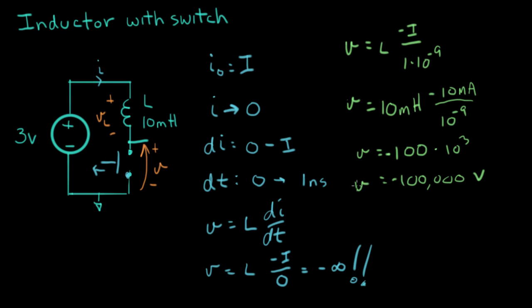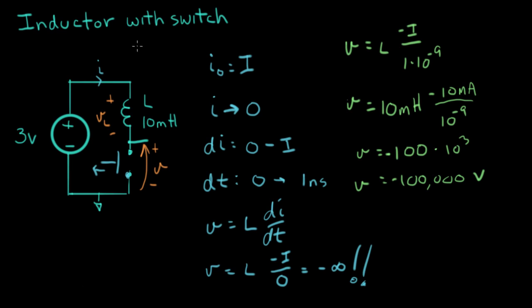This says that V, the voltage across the inductor, our calculation just said it's going to be minus 100,000 volts. Now, minus 100,000 volts means that the negative terminal is 100,000 volts above the positive terminal.